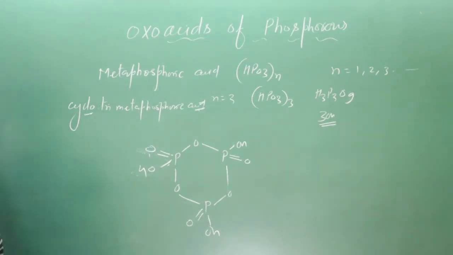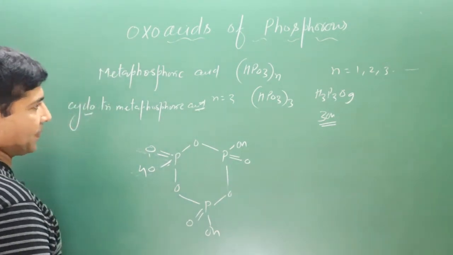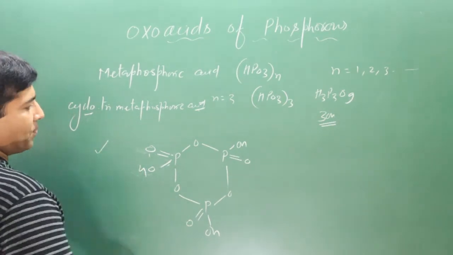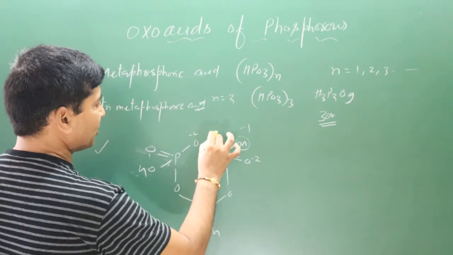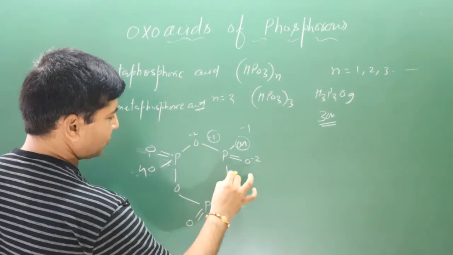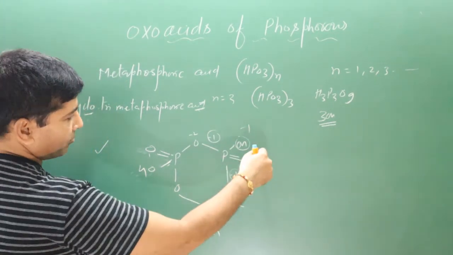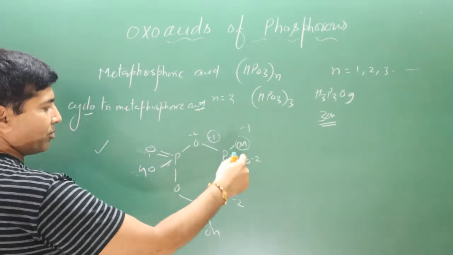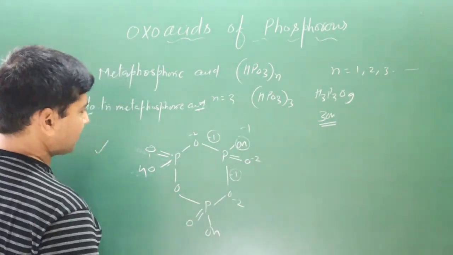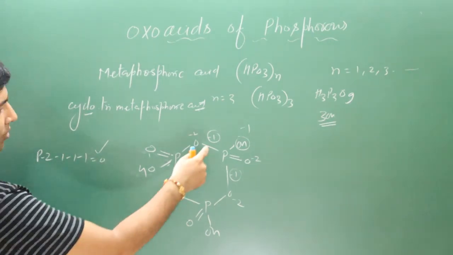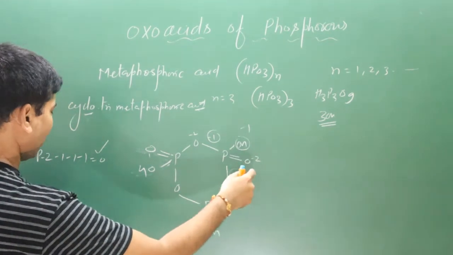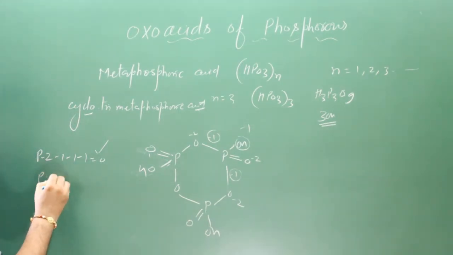The structure is ready. Now calculate the oxidation state. This is the structure we have. Each oxygen is -2, and each -1 goes to this side. Sum: -2, -1, -1 is equal to 0 for P, so P is equal to +5.